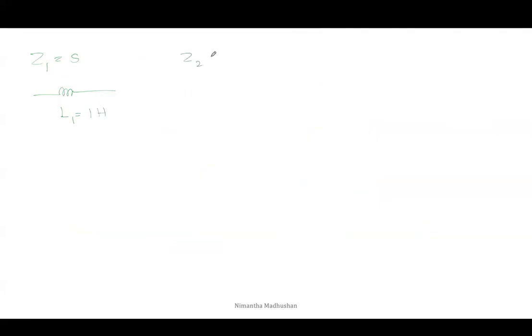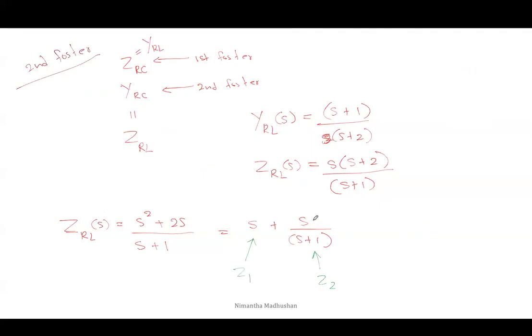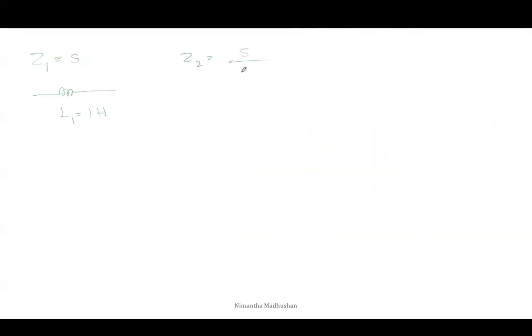Then I consider Z2, it is equal to S over (S plus 1). For that one, I consider the admittance value Y2, (S plus 1) over S, which is equal to 1 plus 1 over S. This will be YA and this part will be YB.